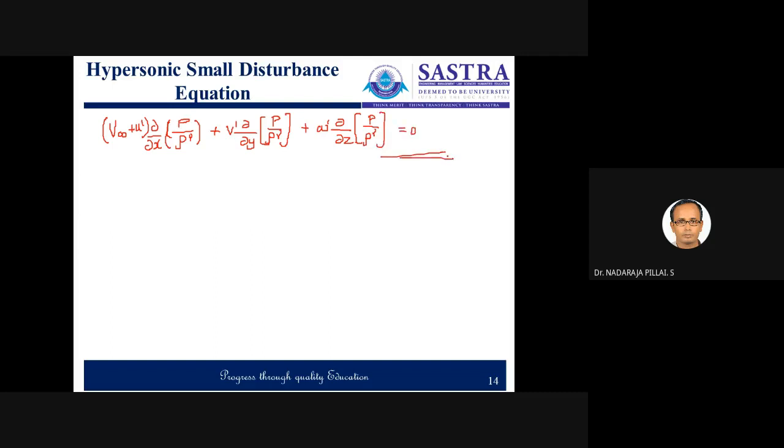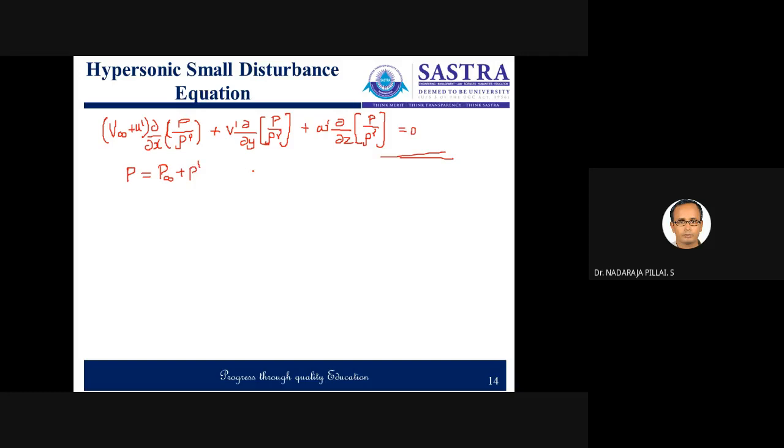It should be noted that the velocities are expressed in terms of perturbation relative to the free stream velocities. But have you noted here that the pressure is not equated to P infinity plus P dash.